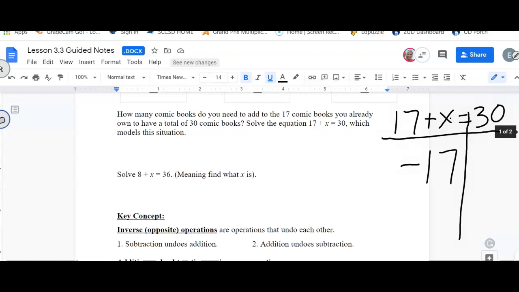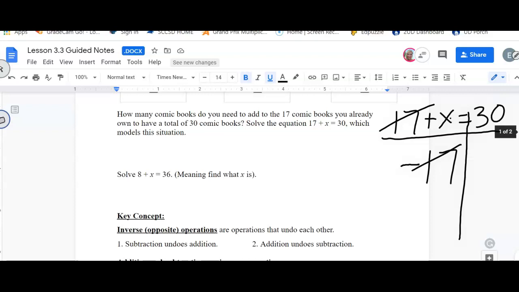If you have 17 plus some unknown value, then you minus 17. These two cancel each other out. Here's our t-chart. If we want to keep this balanced, and I minus 17 over here, what do you think I'm going to have to do over here to keep it balanced?